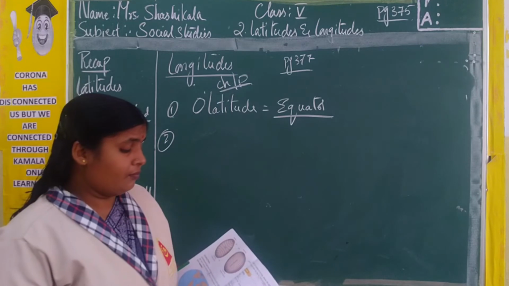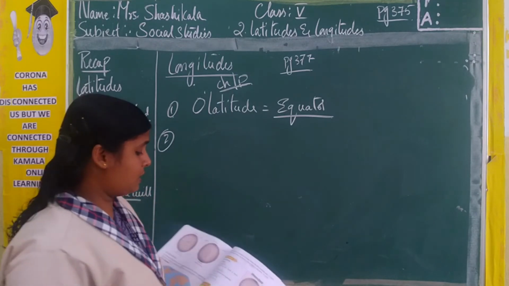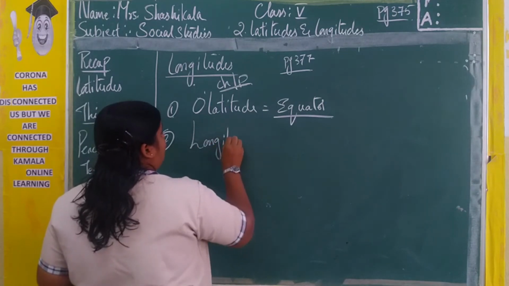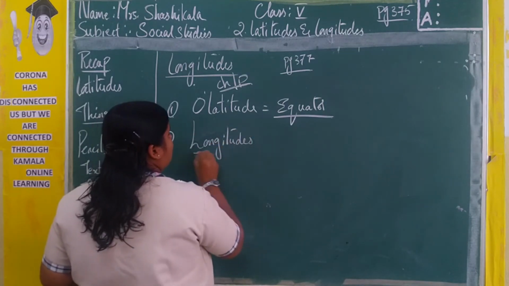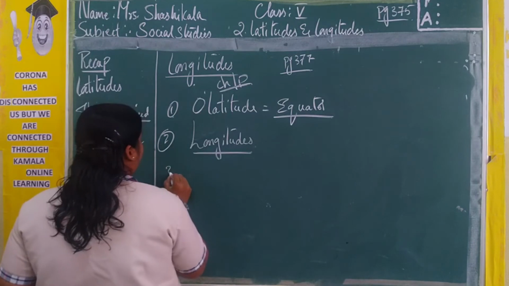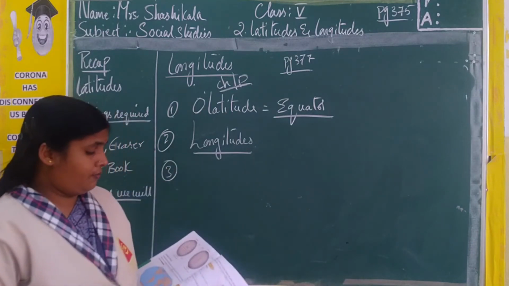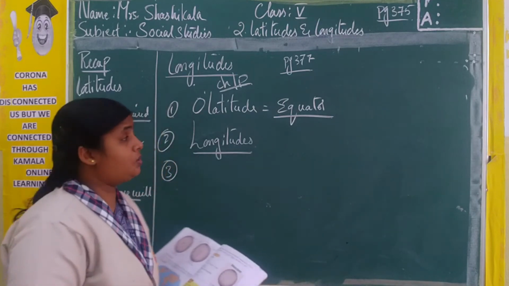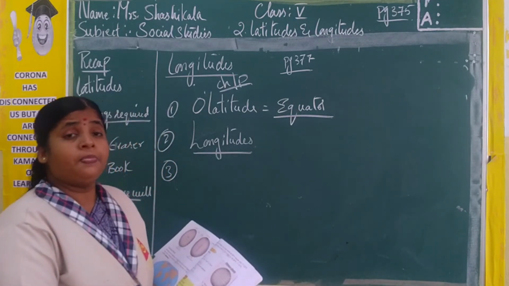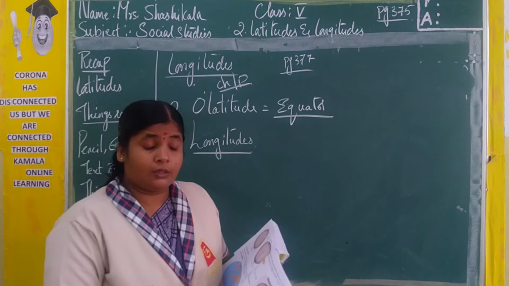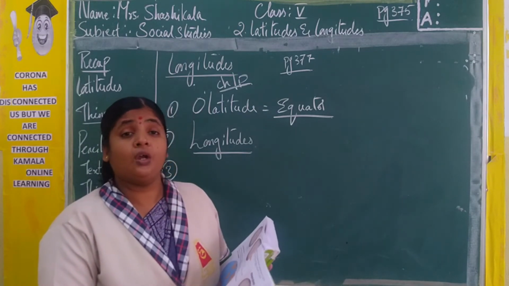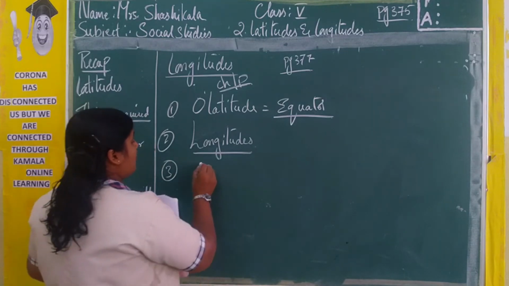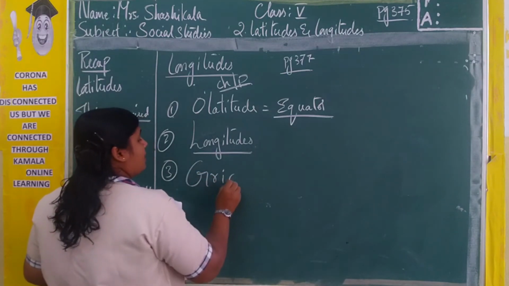Lines that run from south to north poles are longitudes. Now, the third one: the network of latitudes and longitudes. Already just now we have discussed that. Latitudes and longitudes are helpful to know about the time and place. So that system is known as grid.